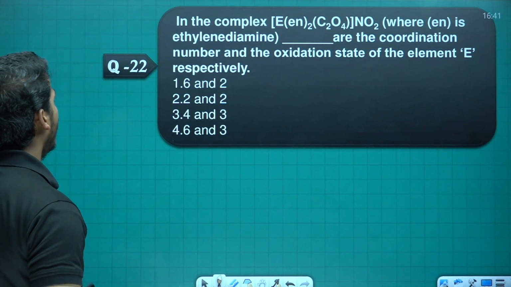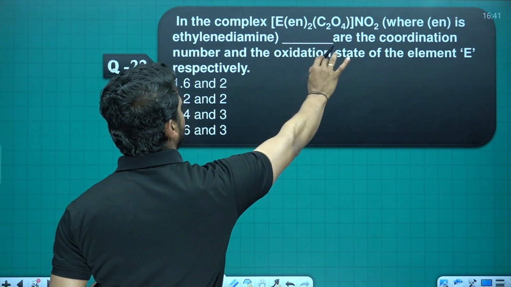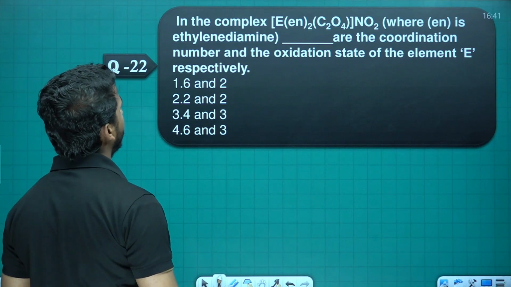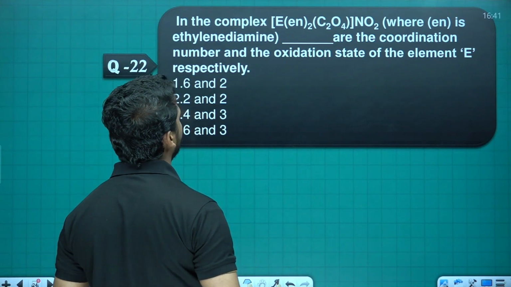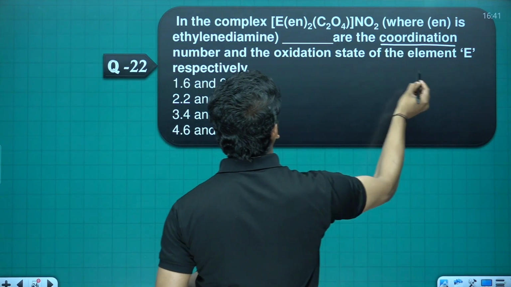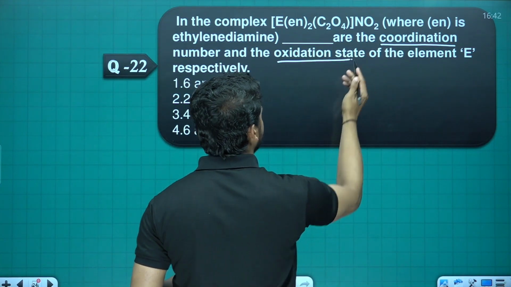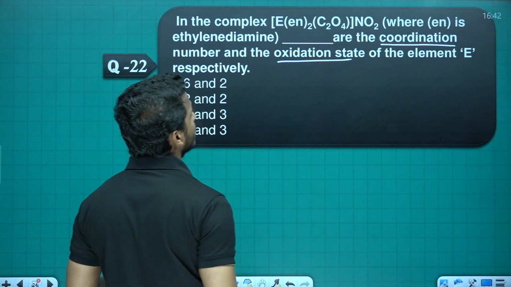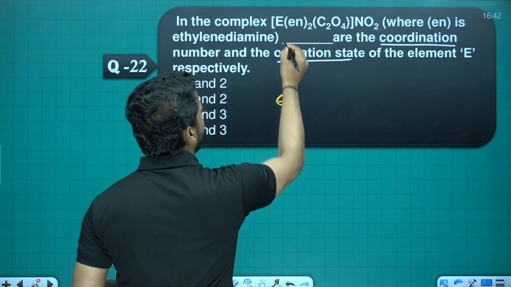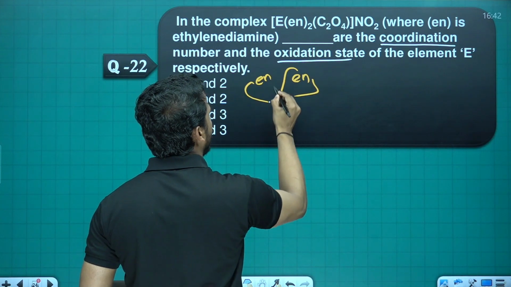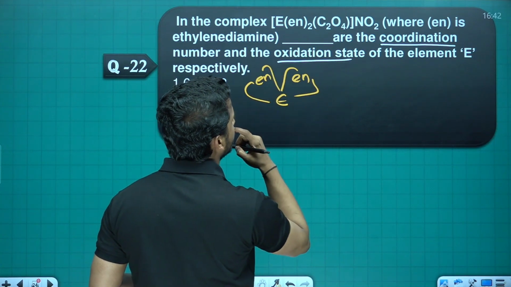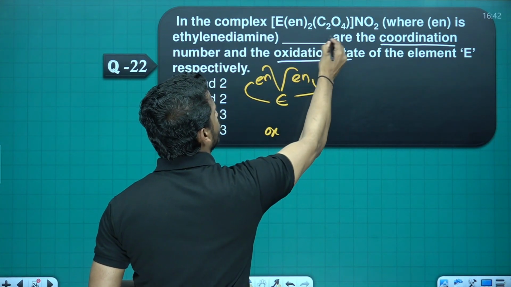Okay. In the complex, you can see there is a complex given. En is ethylene diamine. Blanks are the coordination number and the oxidation state. They are asking you coordination number first, oxidation state second. What is the coordination number? E is the metal, En are 2 times. You know, 1 En provides 2 sigma bonds, so 2 En provide 4 sigma bonds. And oxalate is also there.